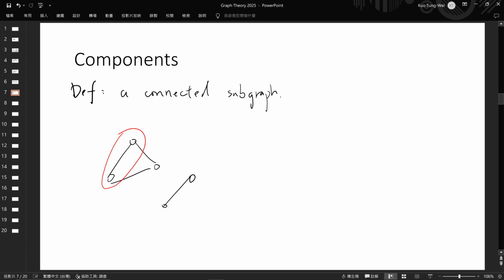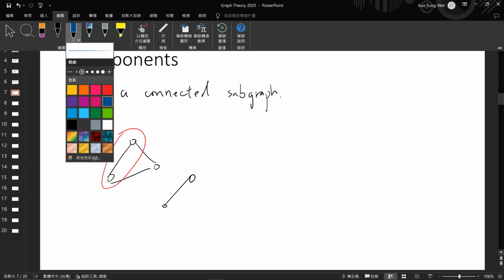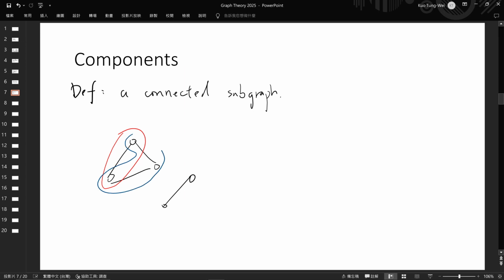Similarly, if I take these 2 edges, again, they will form a connected subgraph, okay? So based on this definition, the number of components will be greater than 2, instead of 2.